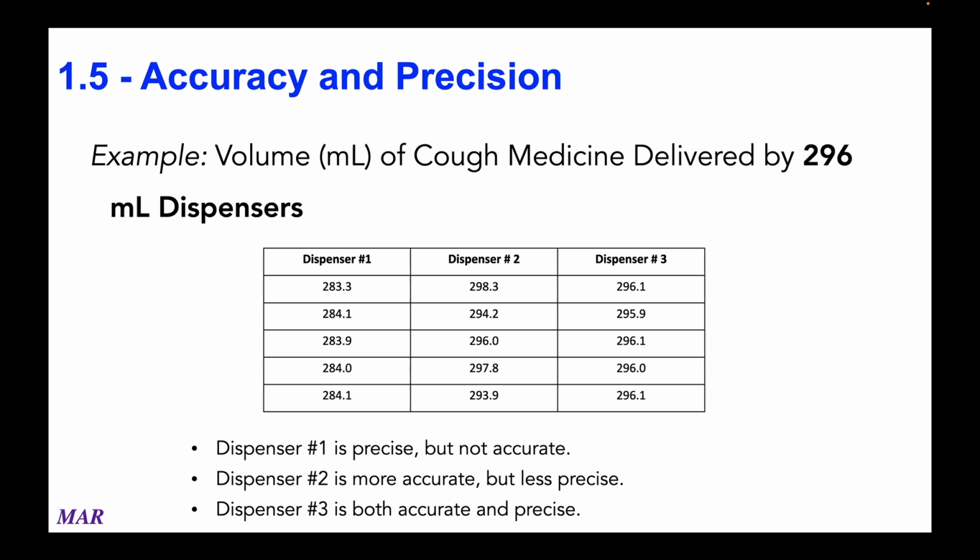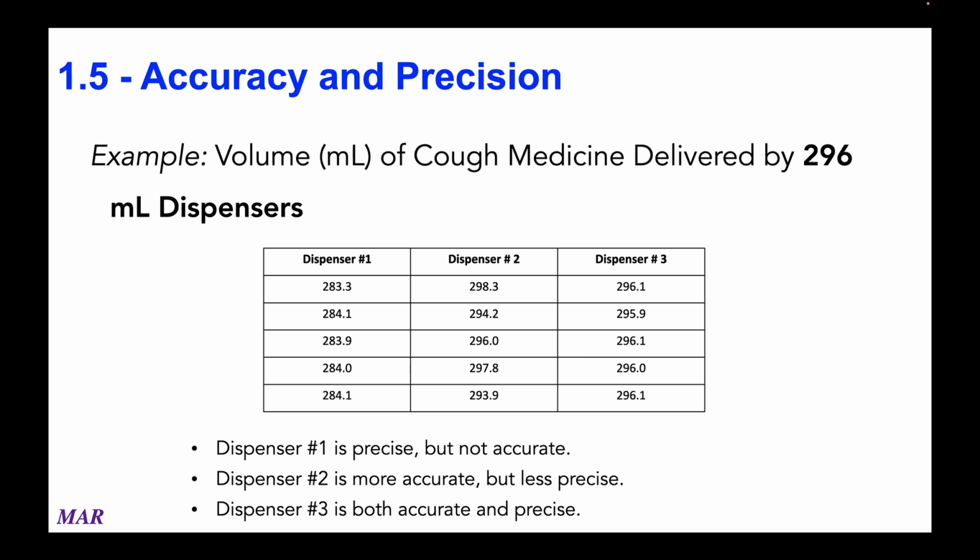Here's an example of some actual values now, all right? We're measuring the milliliters of cough medicine, and we're delivering them in a 296 milliliter dispenser, all right? And you can see here that the first person to do it got the first column of values, the second one got the second, and the third one got the third.